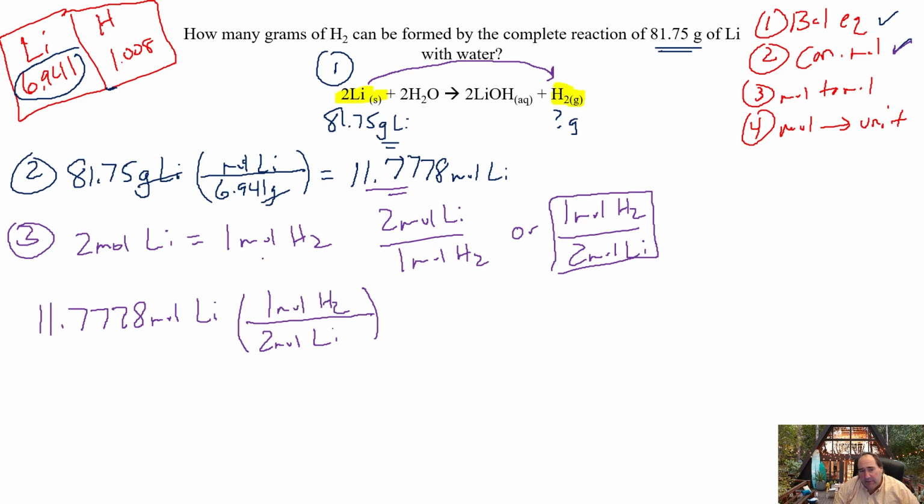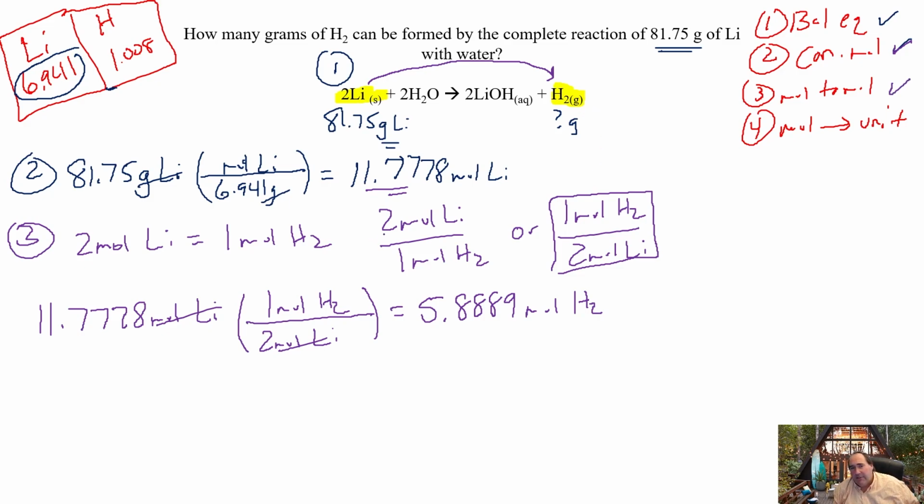So this is the big stoichiometry step. That's going to get rid of my moles of Li, lithium, and divide it by 2. Going to get me something like 5.8889 moles of hydrogen. So again here, that is the 3rd step.